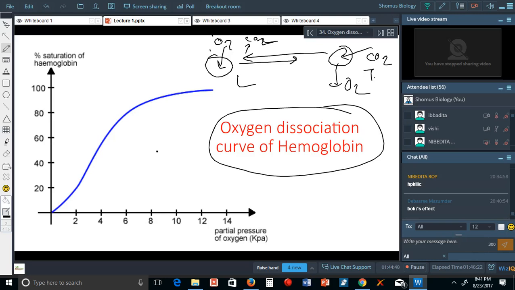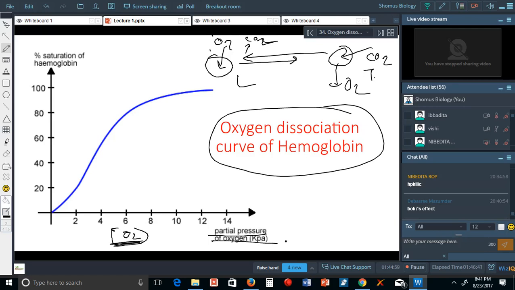One such parameter is that the more the hemoglobin, the better the oxygen binding, because the more hemoglobin there is, the more oxygen it can bind. And then the oxygen pressure. The partial pressure of oxygen plays a very vital role.